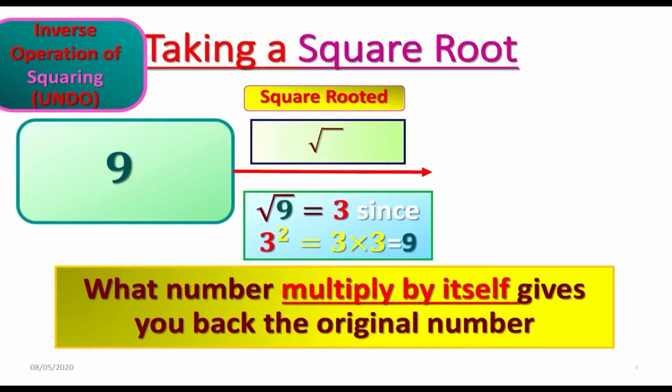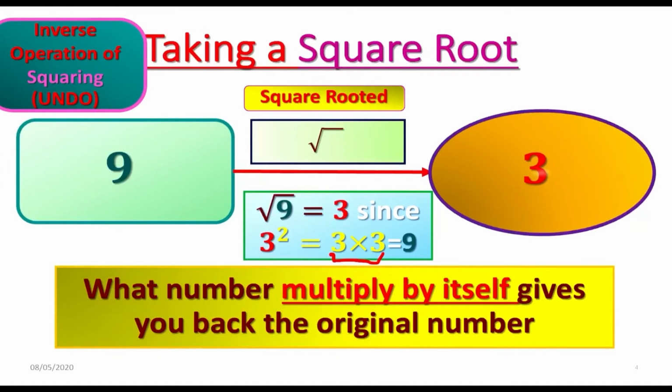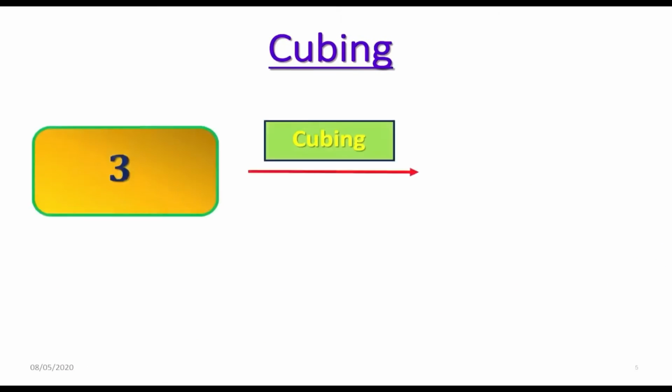So the square root of 9 equals 3. You could always ask yourself, what number should I multiply by itself in order to get back the original number? Since 3 times 3, or 3 squared, equals 9, the square root of 9 equals 3.